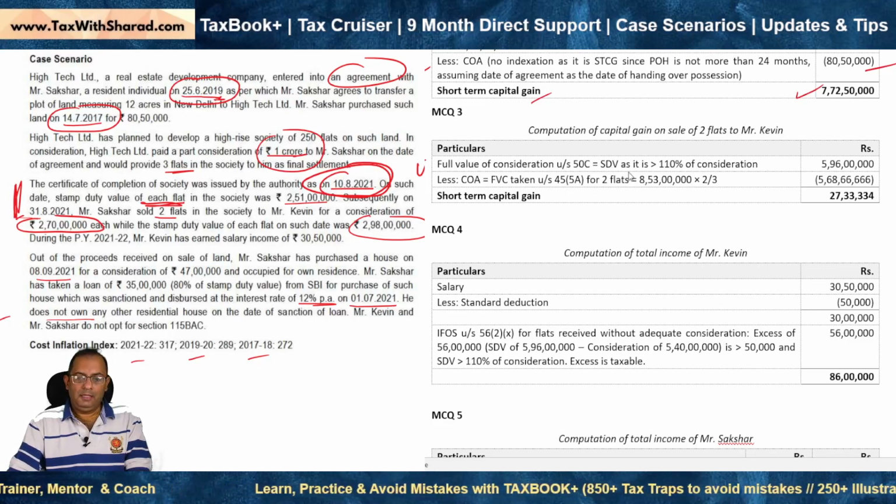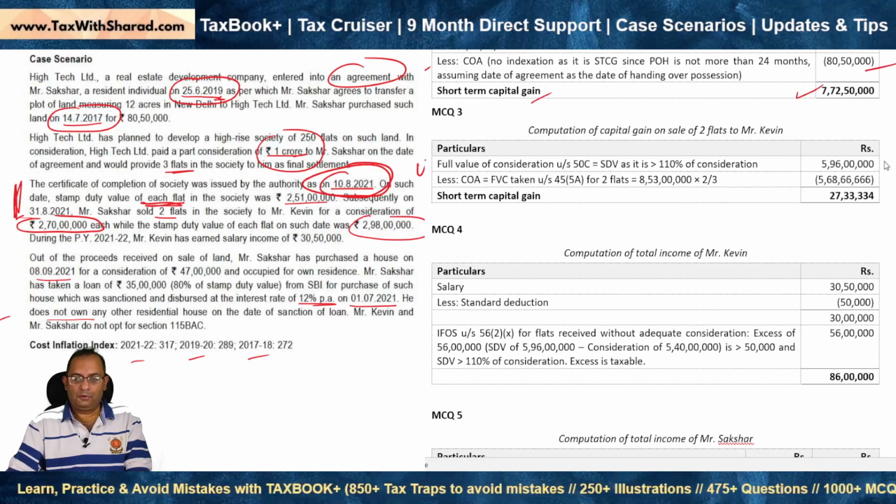So since SDV is greater than 110% of consideration, 5 crore 96. Why 5 crore 96? Because 2 crore 98 lakh multiplied by 2 for 2 flats.